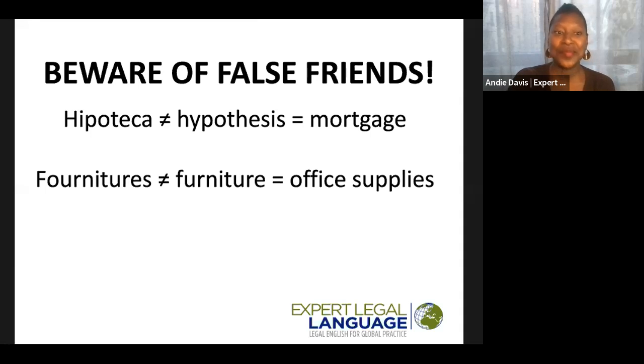And here are some examples. The first is taken from Spanish, hipoteca, which, though it looks like the word hypothesis, in fact means mortgage. The second example, in French, fourniture, looks a lot like furniture, but it means office supplies. Very different thing, potentially very different price point. So beware of false friends.